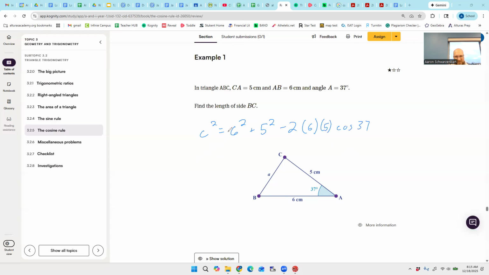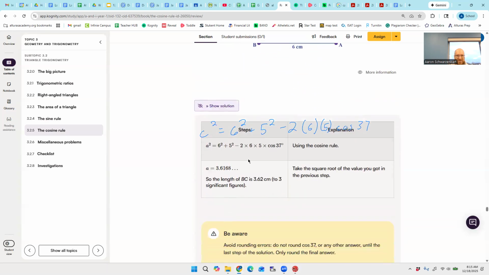And you stick this in the calculator, you get c squared, or you square root it. Just do not do this in steps. Stick it in the calculator in one piece, and you get 3.62.